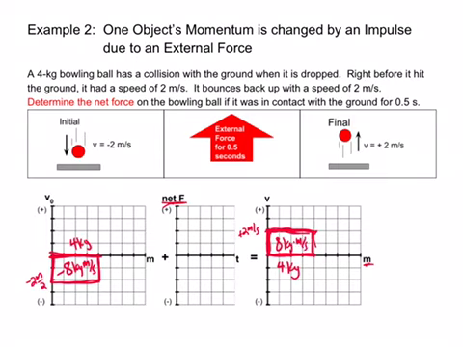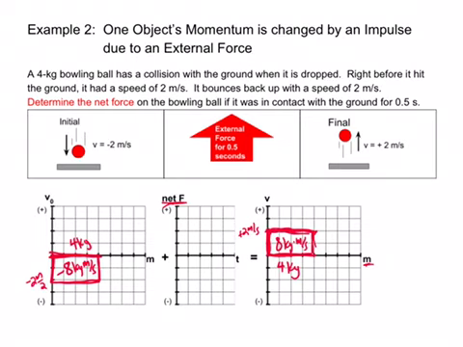Okay, here is where we have to stop and think for a second. I know I have negative 8 kilograms times meters per second of momentum to start, and positive 8 kilograms times meters per second of momentum to end with. So what kind of impulse had to have happened in order for this change to take place?